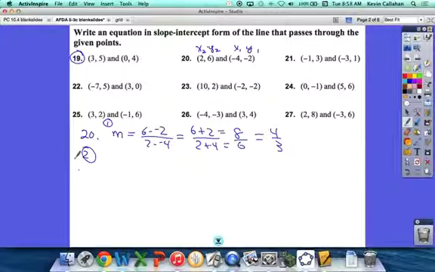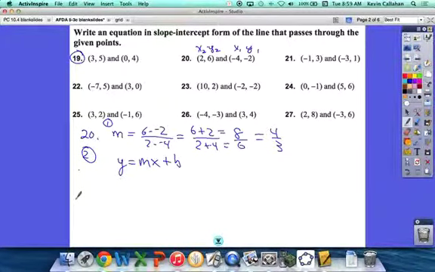Step 2 is, remember, all we need for slope-intercept form are the slope and the y-intercept. We've got the slope, now we need the y-intercept. So the only question is, how are we going to find it? What are we going to use to find the b? How about y equals mx plus b? That is the equation we're trying to fill.